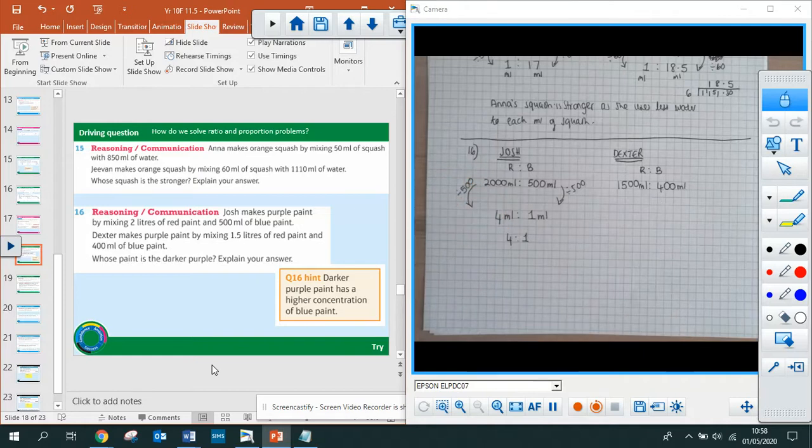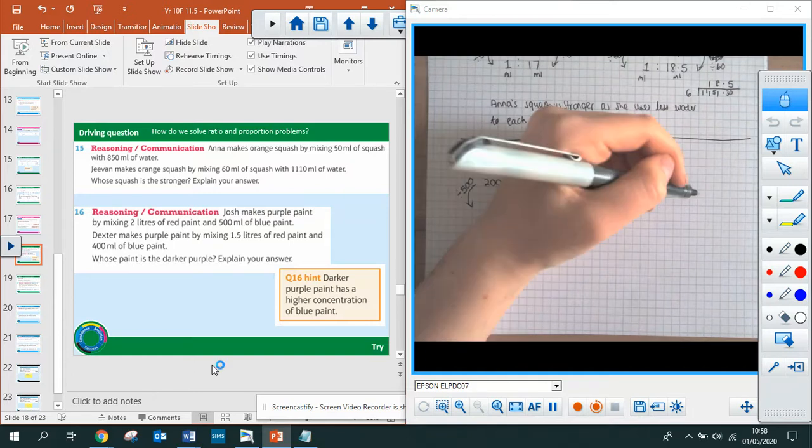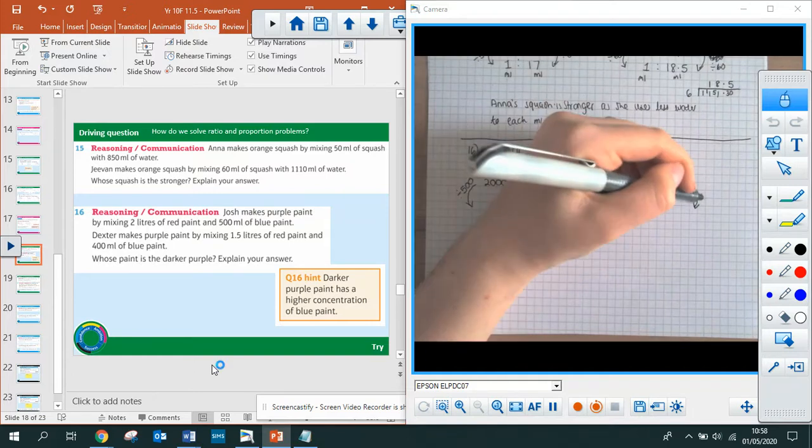Okay, 4 to 1. I need to do the same now for Dexter, and remember, as I've made the blue paint the unit ratio here, I need to do the same for Dexter, otherwise it's not going to be comparable. So I need to be dividing both of my numbers by 400.